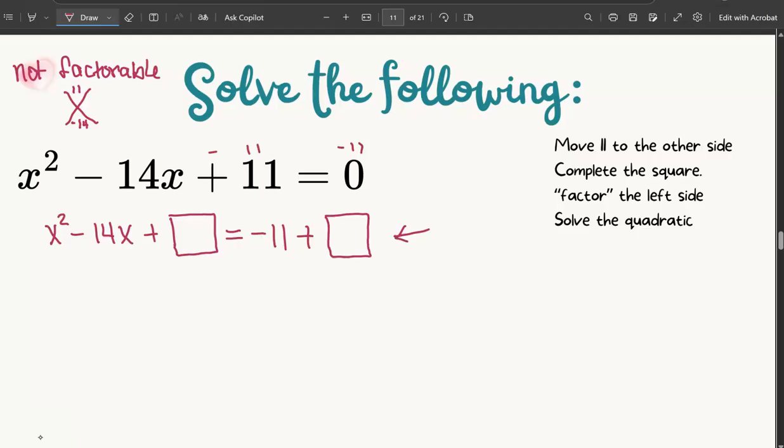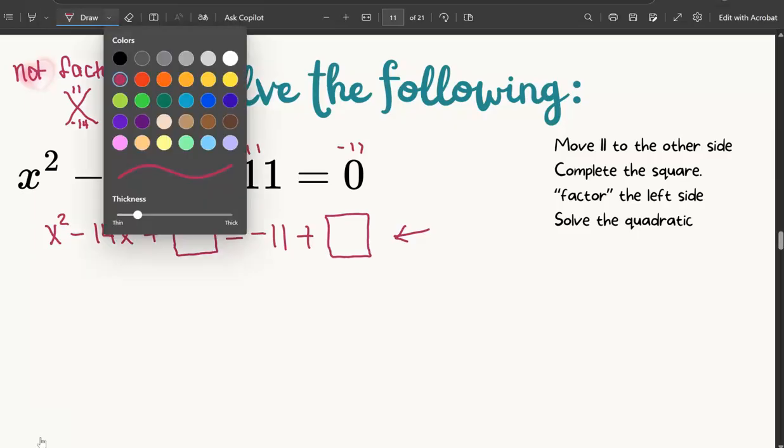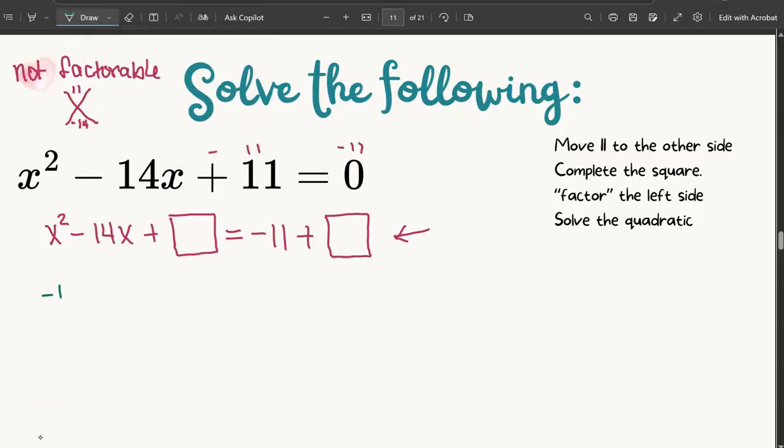So now I have to decide what goes inside the box. Well, that's where we come up with our middle term divided by 2 squared. So negative 14 divided by 2 is negative 7 squared, which is positive 49.